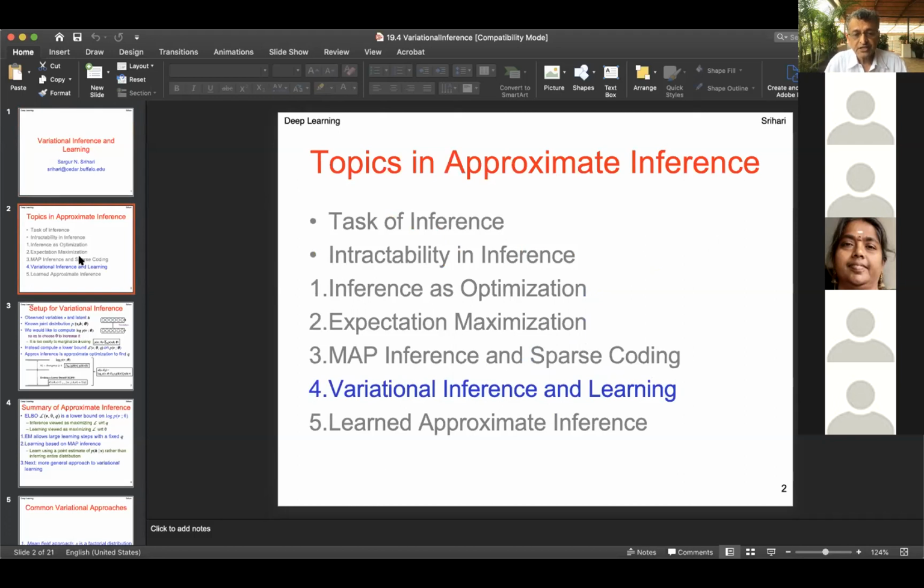We just finished expectation maximization and MAP inference, and we are on to variational inference and learning. Every time I start one of these subtopics, I remind you where we are, because it's very easy to get lost. Okay, so let's try once again.